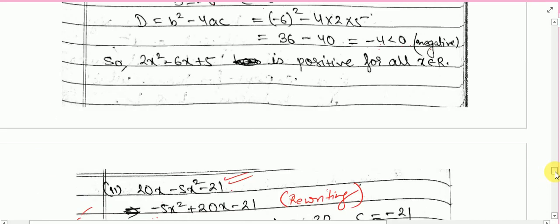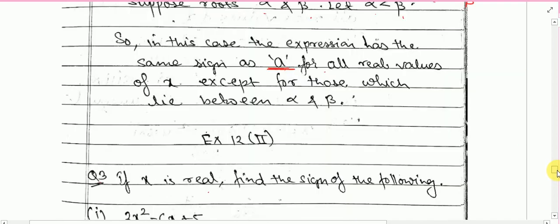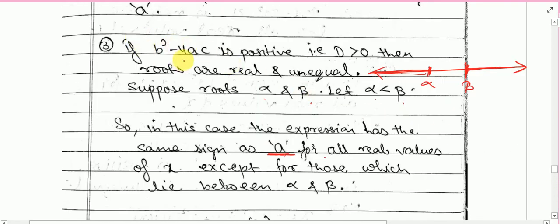Once it comes greater than 0, this is the third case. If the discriminant comes greater than 0, then firstly you need to find its roots, alpha and beta. In that case the sign of the quadratic function will be the same as a for all real values except those lying between alpha and beta.